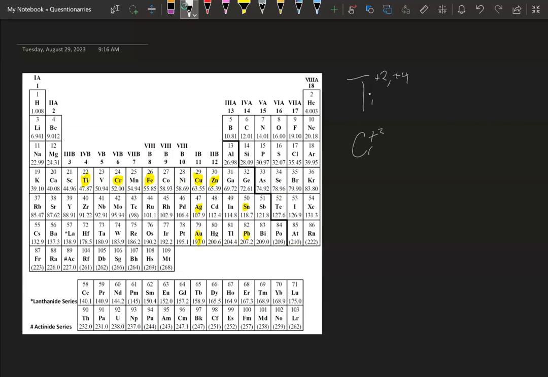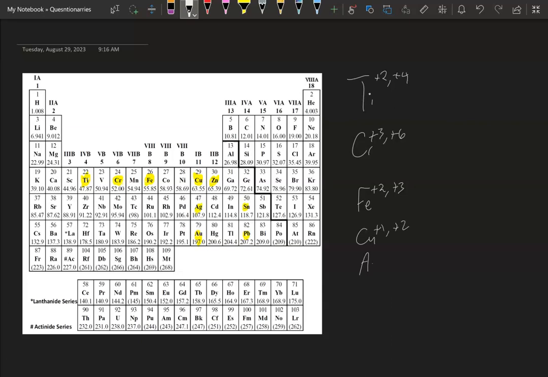Chromium is +3 and +6. That's what you'll see me use quite often, but there is a +2 oxidation state for it as well. I do not expect you to know every single detail about these, but you do need to know the ones that I am writing for you right now.